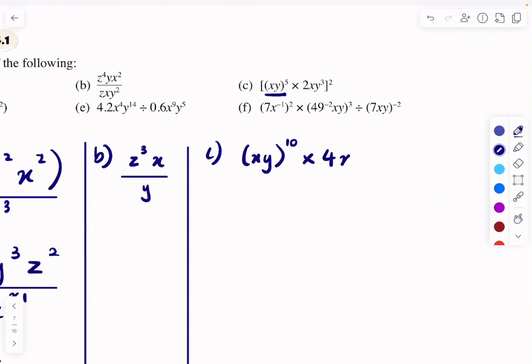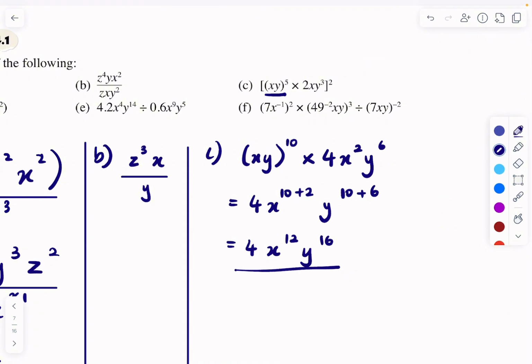So x square, y 3 times 2 is 6, so y power 6. So this is just 1, so 1 times 4 is 4. And then we have x power 10 plus 2. Then y power 10 plus 6. So we get 4, x power 12, y power 16.